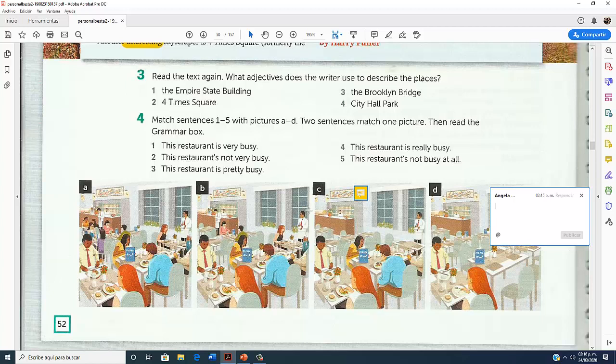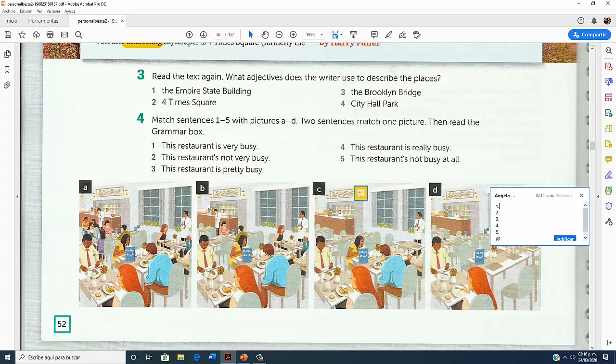This restaurant is not busy at all. So as you can see here, 2 sentences match 1 picture. So let's write here from number 1, 2, 3, 4, and 5.